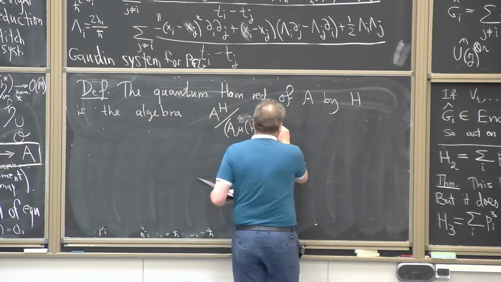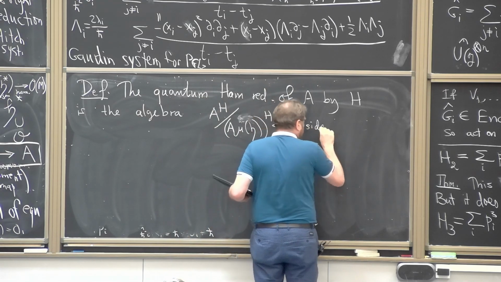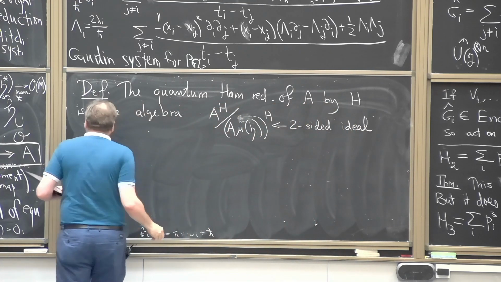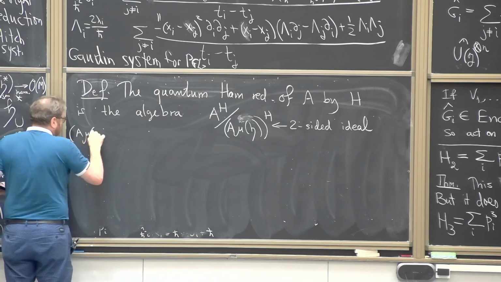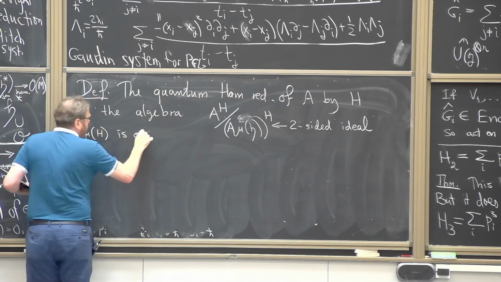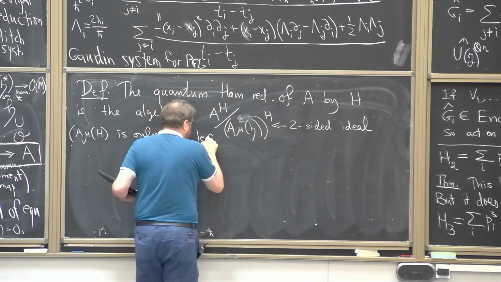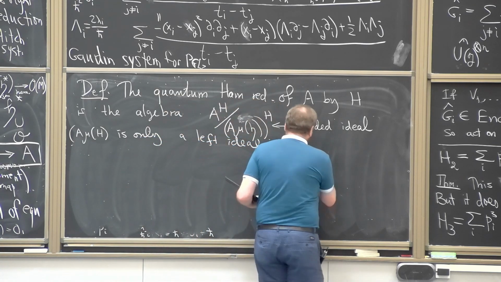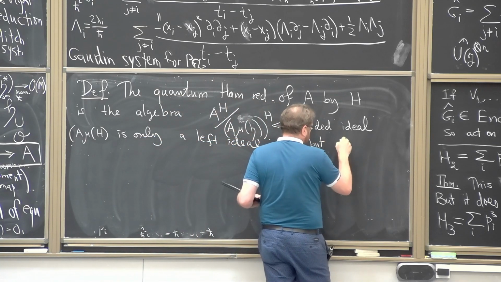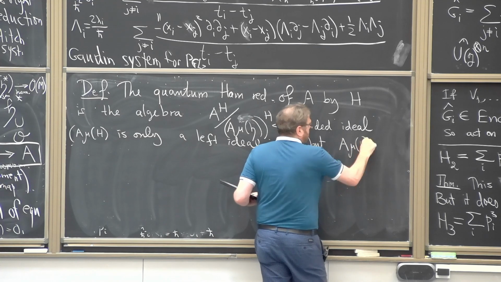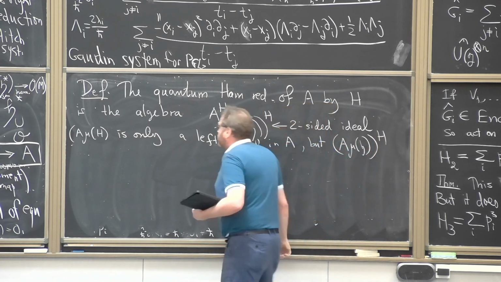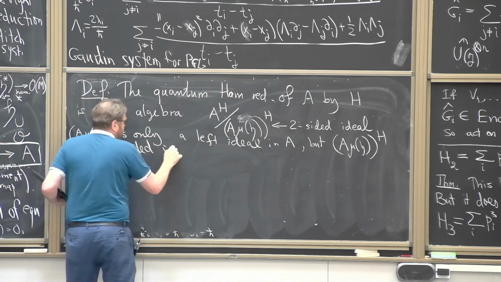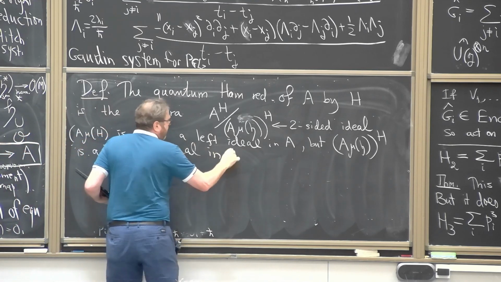And so this is an ideal. So A times mu of H is only a left ideal in A, but you can check that after taking invariants it is a two-sided ideal in A to the H.